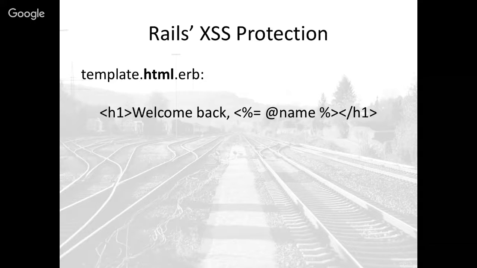So what does Rails do to try to help us with this particular case? When we want to write that first example, when we want to say welcome back someone, in Rails we do it with an ERB template like this. We have a file like template.html.erb, and we have these tags here which say run this bit of Ruby code and put the result in the template, right? Now when we do this in Rails, Rails goes, this is an HTML file, I'm going to apply HTML encoding by default.